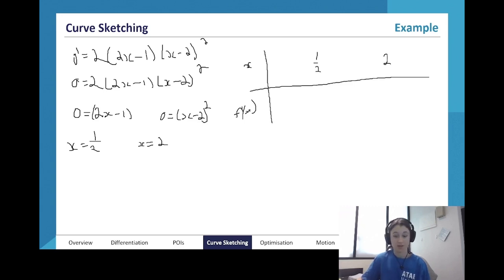Then we're just going to pick values in between these. So we're going to have 0, 1, 3. We know that at a half and 2, our first derivative is going to be equal to 0. Now we need to determine the value of the derivative at these other values, 0, 1, and 3.